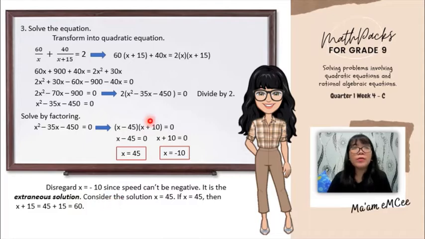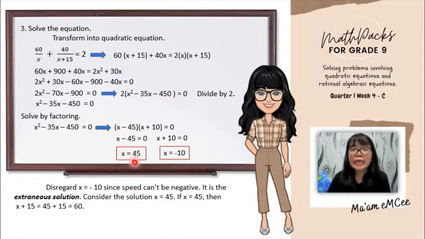Remember, extraneous solutions are solutions we get from solving our quadratic equations or from solving our equations. But if you are going to substitute it to the original equation, then there will be a possibility nga hindi mag-equal or ma-undefined, just like what we have discussed during the last video tutorial.